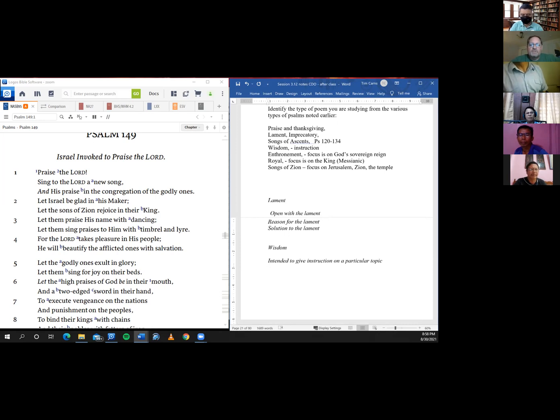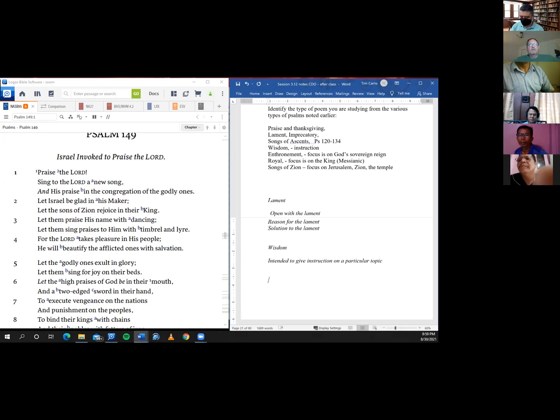There, the instruction was to parents and how they are to instruct their children. Psalm 90 was an instruction about thinking of the brevity of our lives so that we may live in such a way as to recognize and redeem the time that we have. Psalm 1's a wisdom psalm, the path of the righteous or the path of the wicked. So these are psalms that are intended to give instruction.